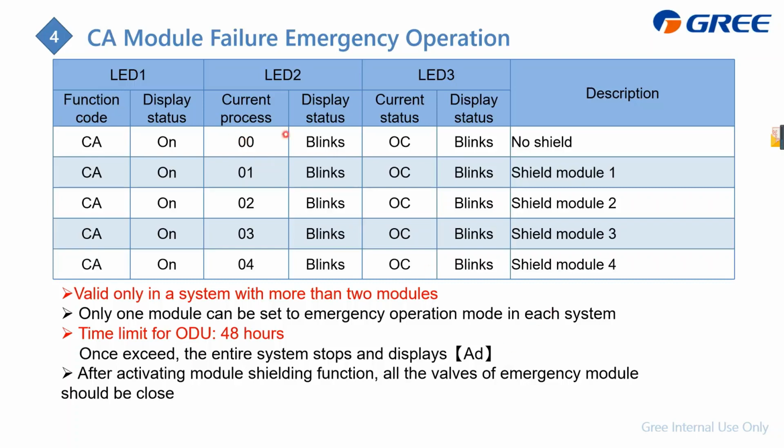And we can see the different codes have different functions. The default setting is 00, and 01 means shield module 1, 02 shields module 2, and 1, 2, 3, 4 is the address of the module. 03 shields module 3, 04 shields module 4.